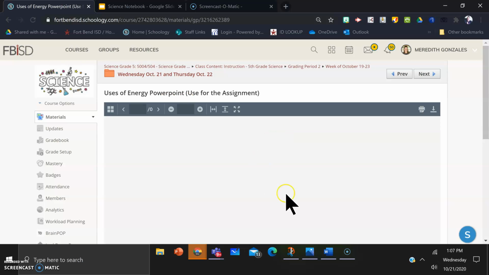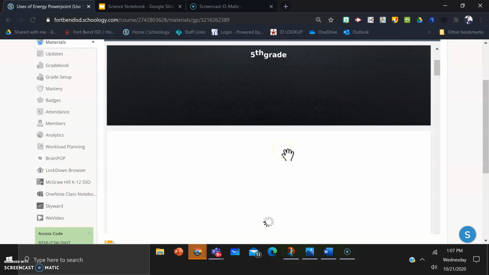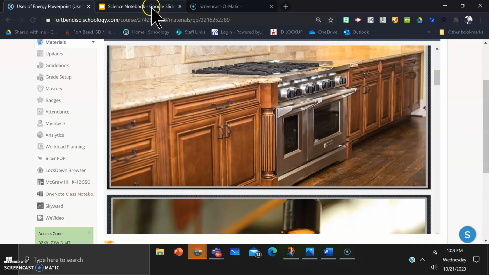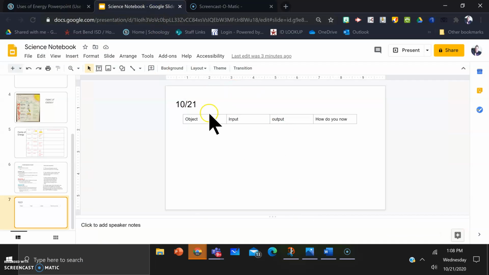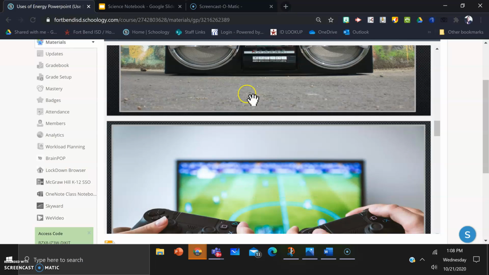You're going to go through this PowerPoint, and for each object, such as the stove, you're going to record the answers in your notebook. The object is the stove. What form of energy is going into the stove? What form of energy is going out? And how do you know? You'll do that for each object in the PowerPoint.